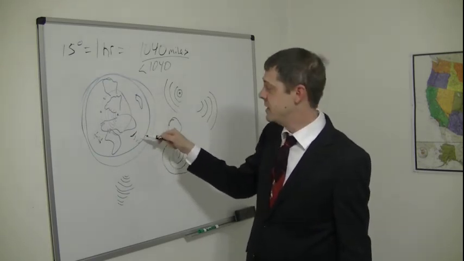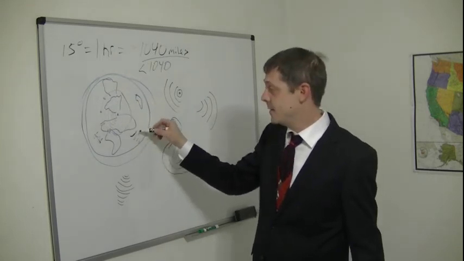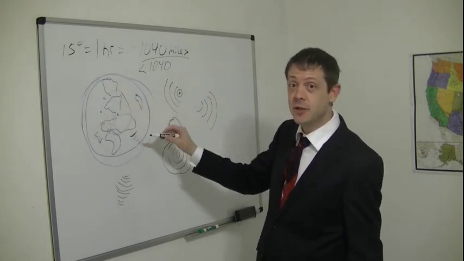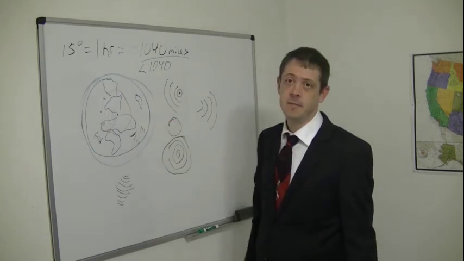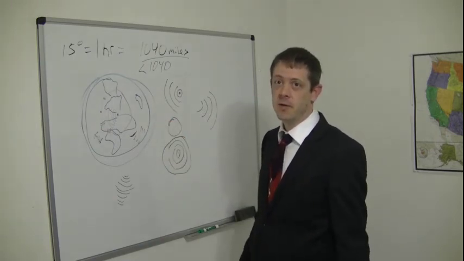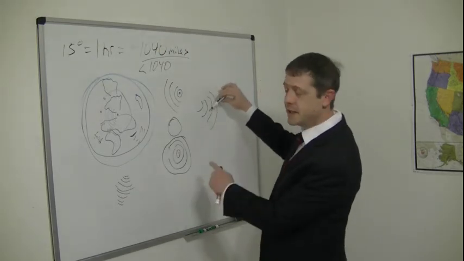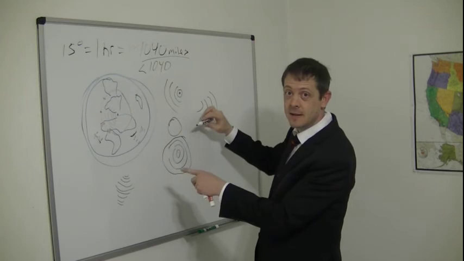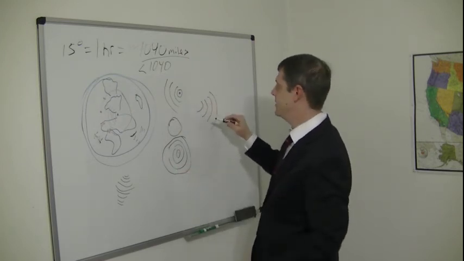Perception doesn't change this. There's 24 hours in a day. There's 360 degrees in a circle. 15 degrees of movement is 1 hour. The stars don't move at different speeds. Their angular speed is not different.